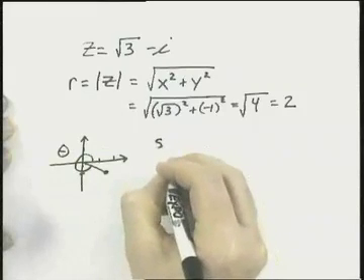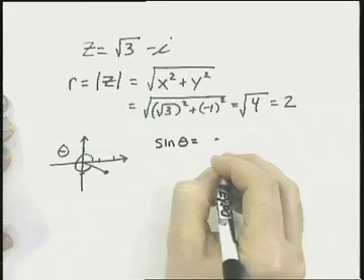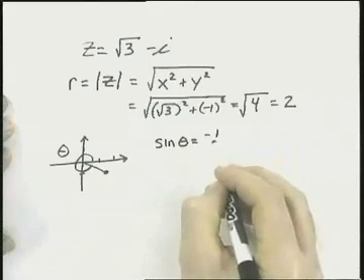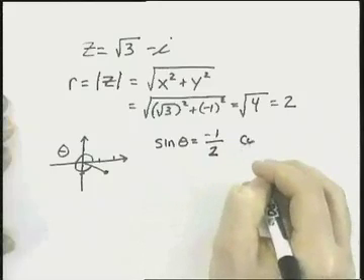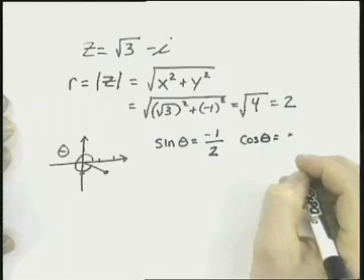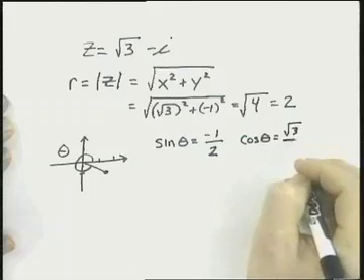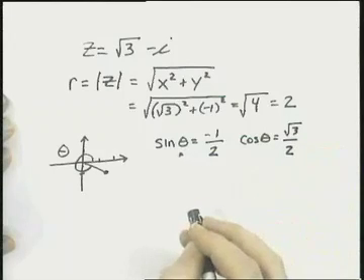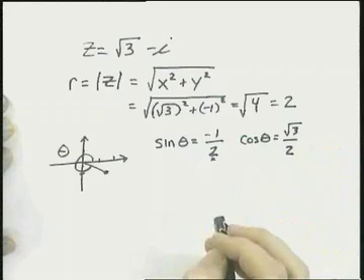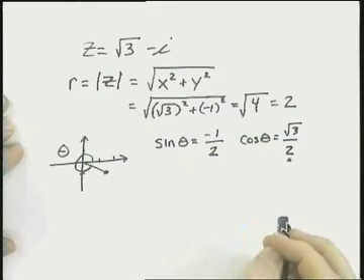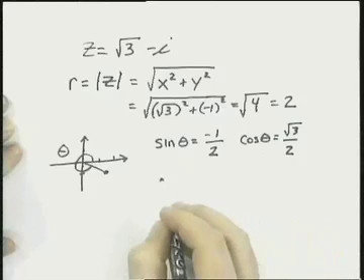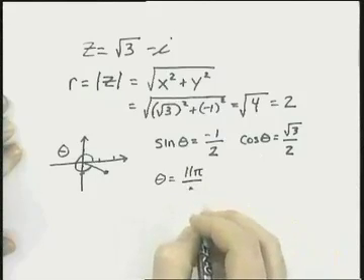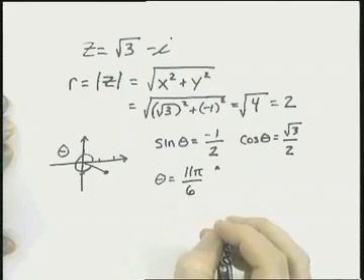Well, remember, the sine of the angle theta is going to be equal to the y coordinate, which is negative 1 over r, and the cosine of the angle theta is going to equal the x coordinate, square root of 3 over r. So all we need to do is think of an angle theta whose sine is negative 1/2 and whose cosine is the square root of 3 over 2. You should remember that theta would be equal to 11 pi over 6.